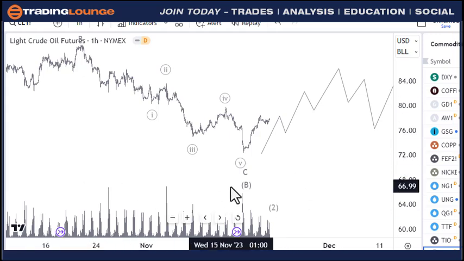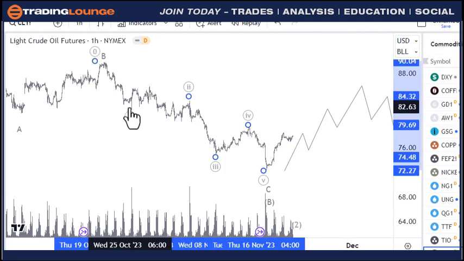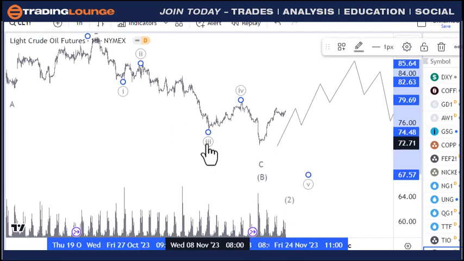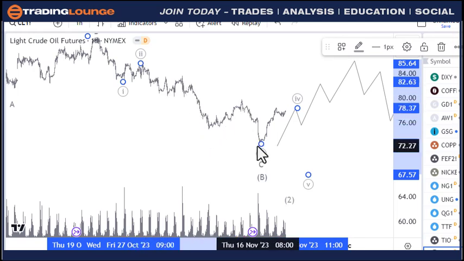Yeah, there's different ways to look at it. If I was looking at this as 1 and 2 here, and then, because that's the other way to count it, go to 1 here and 2 here, and then this would be wave 3 here with wave 4 over here. This would be 1, 2, 3, 4, 5 here.